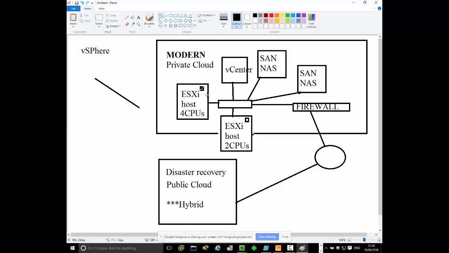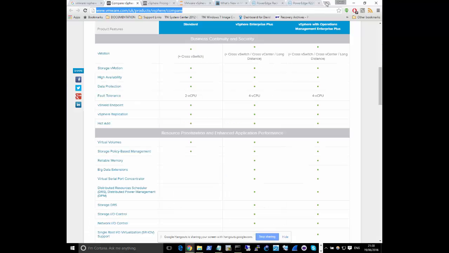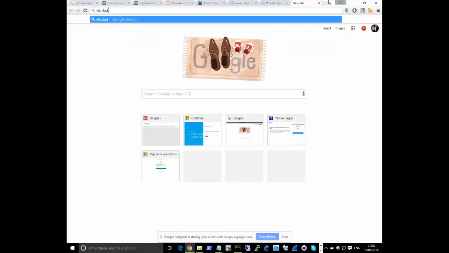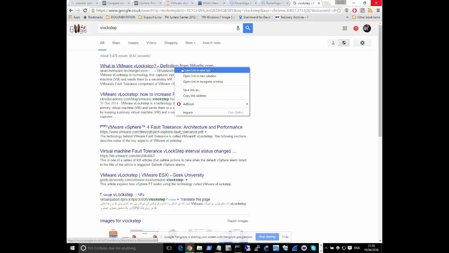So the same virtual machine exists on more than one host at the same time. They are in communication with one another via something called vLockstep technology, which is to detect whether they are available or not. So if you just Google VMware vLockstep, it's the one that's used in vSphere fault tolerance.